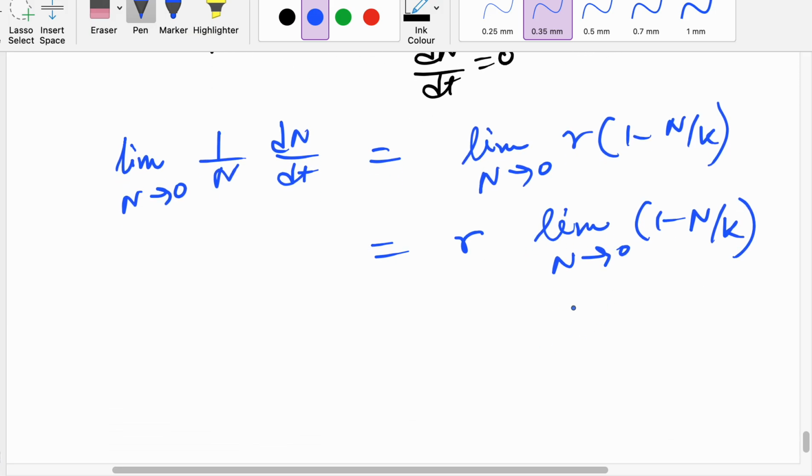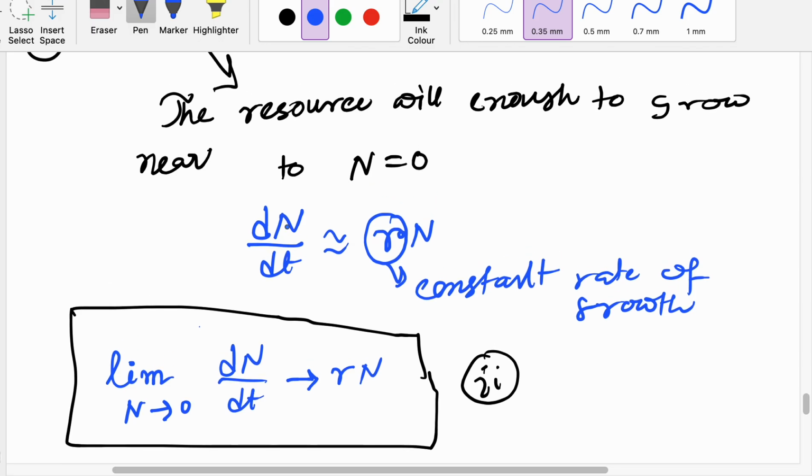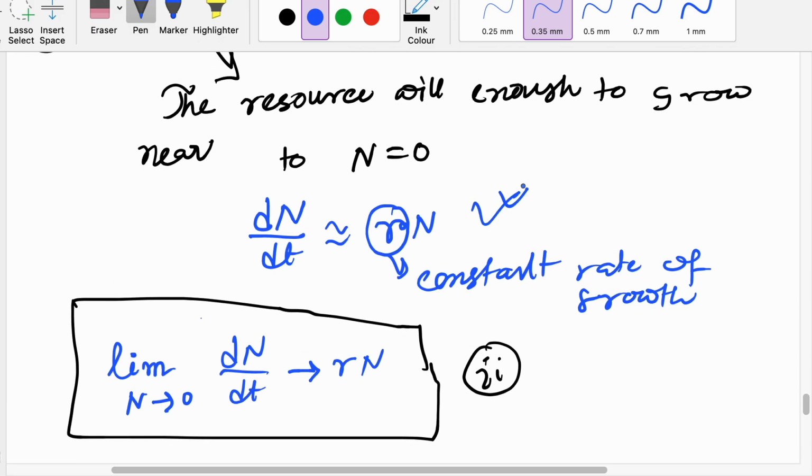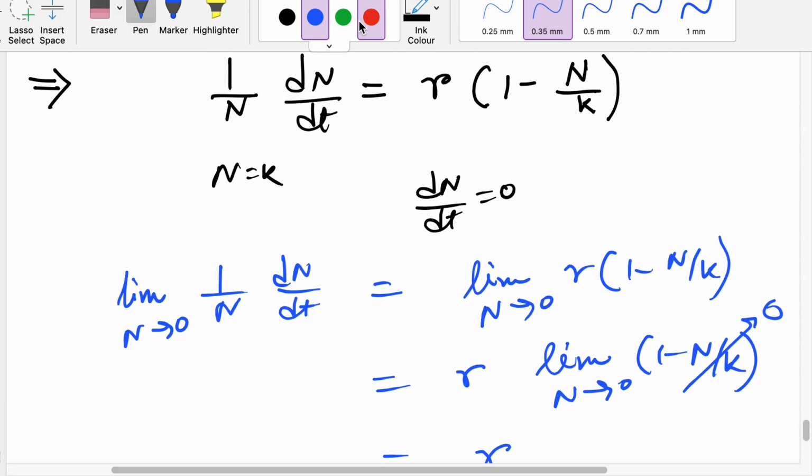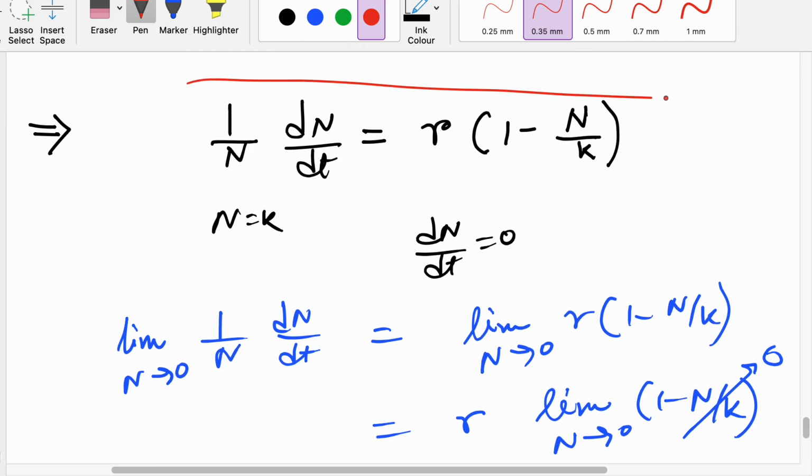When N goes to 0, the N/K term will become 0 and only 1 remains, so this is r. So as N tends to 0, (1/N) dN/dt follows this form also. That means this equation follows the above two assumptions.